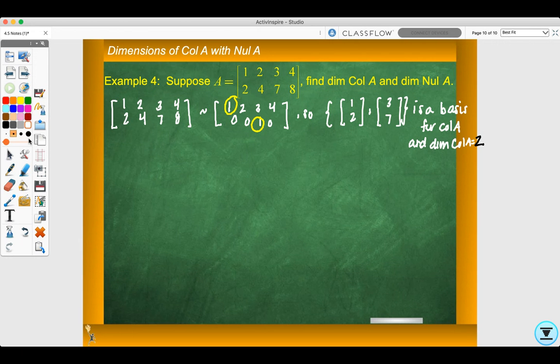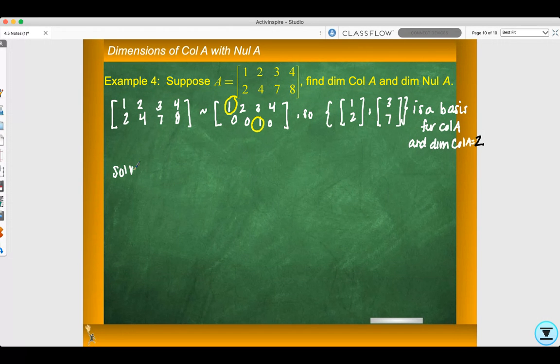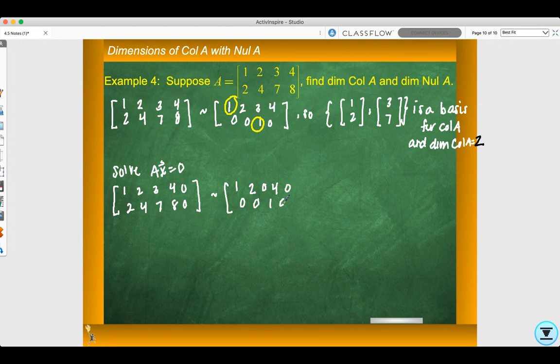Now we need to find the dimension of Null A, and remember that's the number of free variables. So we have to solve Ax equals 0. When I do that, I get the rows (1, 2, 0, 4, 0) and (0, 0, 1, 0, 0).